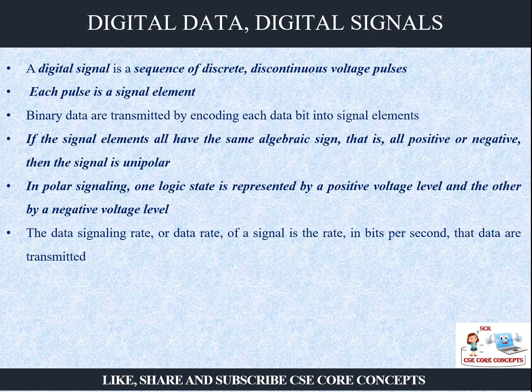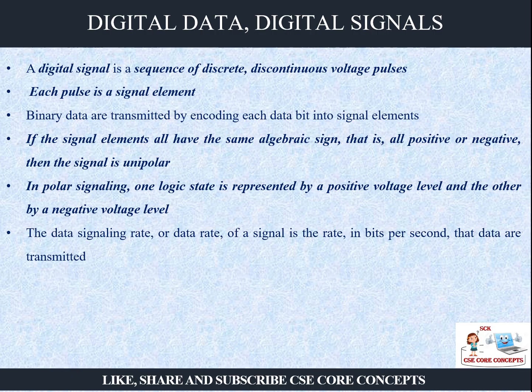We have binary data that is transmitted by encoding each data bit into a signal. If all of them have the same algebraic sign, that is, all of them are either positive or negative, then those types of signals are called unipolar signals. Whereas the other one is the polar signal.